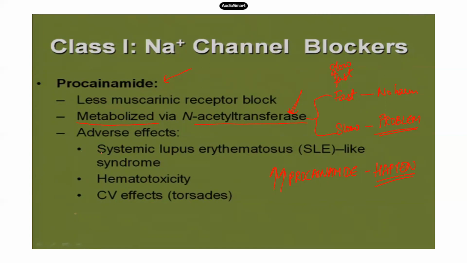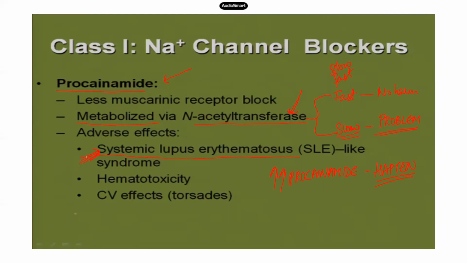So it can initiate what we call a systemic lupus erythematosus like syndrome. So you'll have butterfly rash and all other things which are related with your SLE like syndrome. So when a patient is a slow acetylator for procainamide, you get this particular adverse effect.